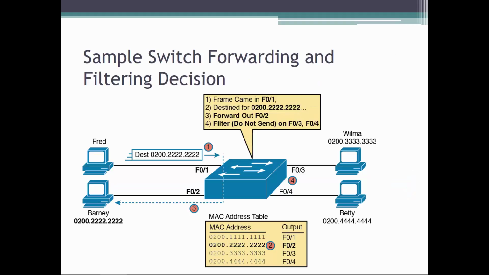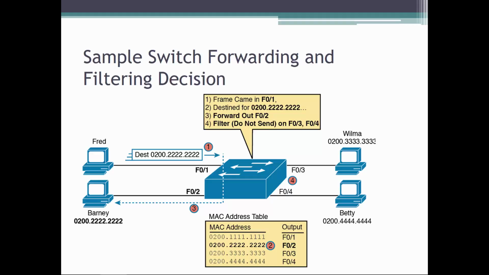For a sample switch forwarding and filtering decision, we can look at this. If the frame came in Fast Ethernet 0/1 and is destined for a specific MAC address, it could look up the MAC address and then it will know to send it out the appropriate interface.